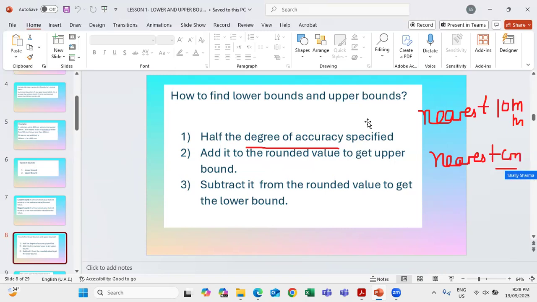These are the limits of accuracy. What you need to do is half that accuracy. You need to add that half value to the rounded or given value, and subtract it as well to get the lower bound.